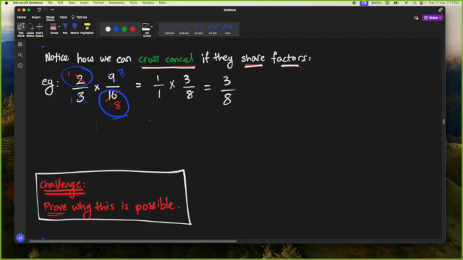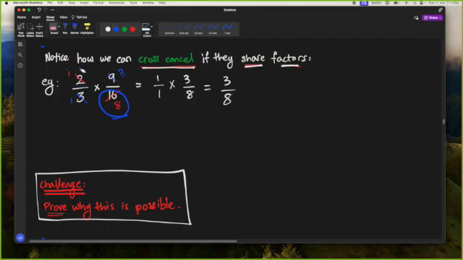It's not like it's the same fraction and I could just reduce it. It's not the same fraction. One numerator is from one fraction, the denominator is from the other fraction.